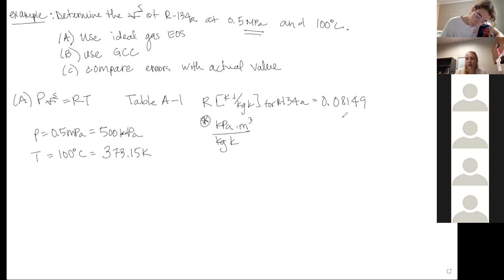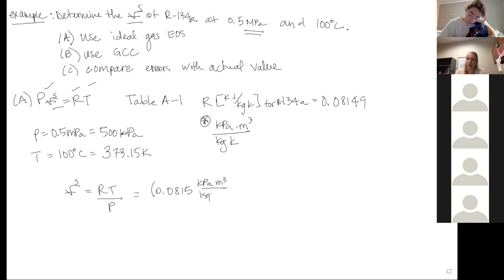So now I have my R value, my P value, my T value. I'm asked to find my specific volume, so I have everything and can just plug and chug. Isolating, my specific volume is equal to RT over P. R is 0.0815 kilopascal cubic meter per kilogram Kelvin, T is 373.15 Kelvin, and P is 500 kilopascal.